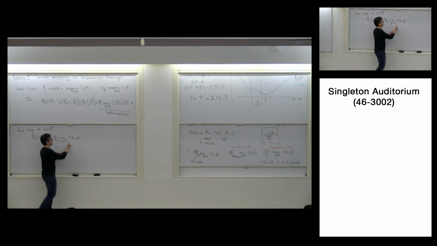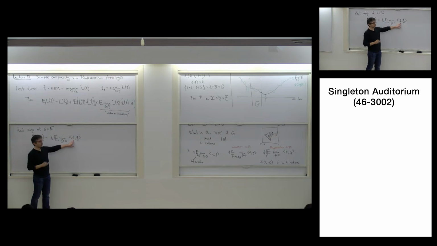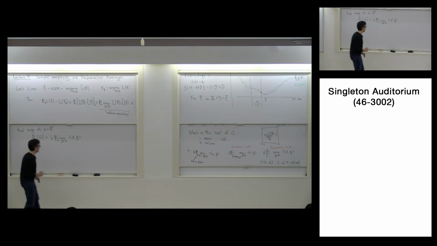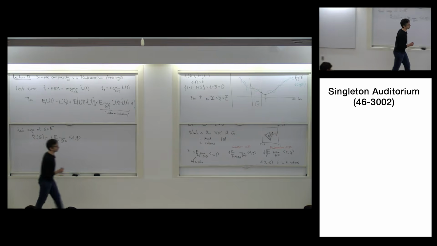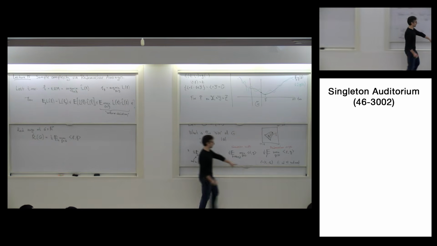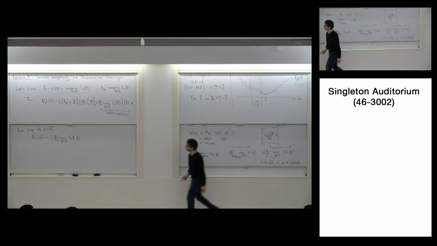So these are vectors, of course. From now on, vector epsilon is a vector of independent coin flips, plus or minus 1. I will also call them Rademacher random variables. So these are the Rademacher random variables, coin flips.